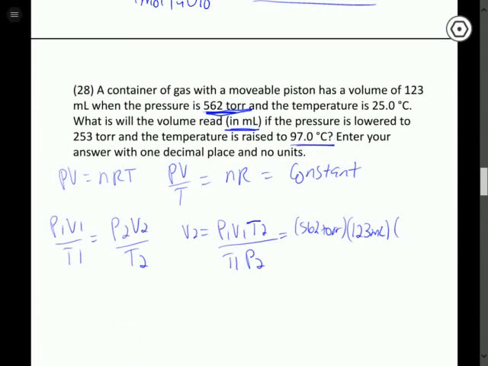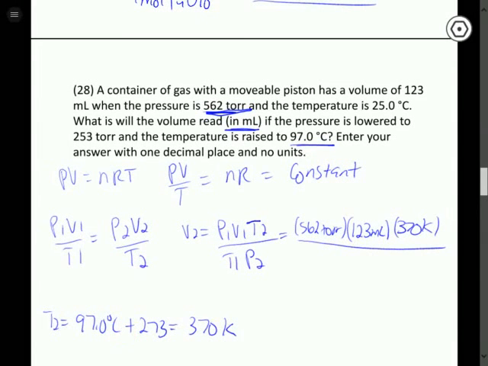We need to convert that into Kelvin, so we add 273 to that to get it in Kelvin. This is the one unit that's not negotiable in any gas law problem: temperature. It has to be in Kelvin. The initial temperature is 25 Celsius, which, if we convert that into Kelvin, is 298.